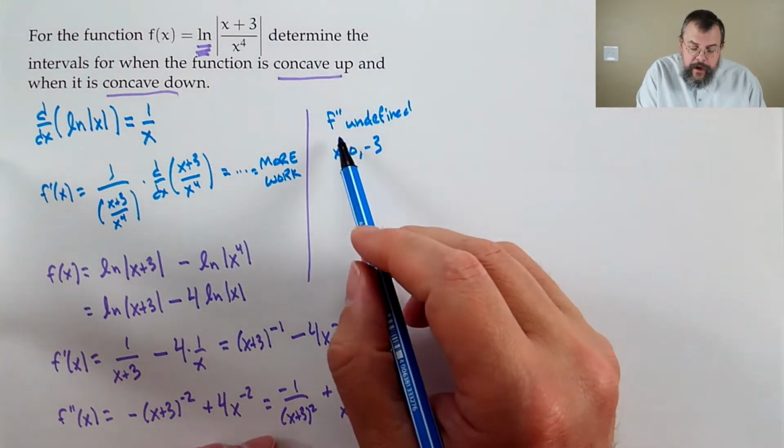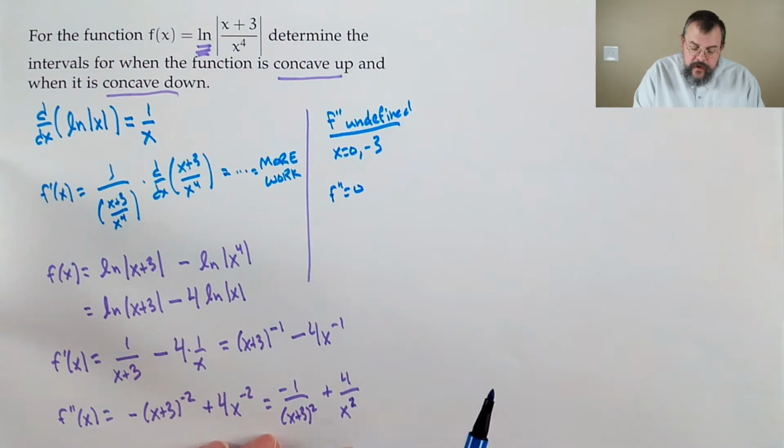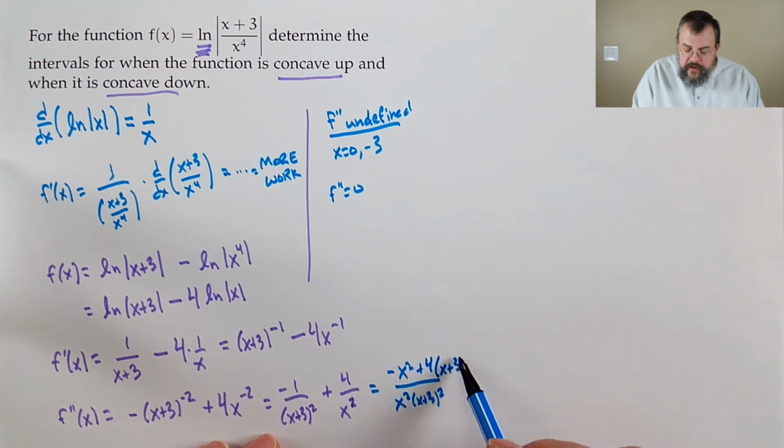Now, how about f double prime equals 0? For that, let's put this over a common denominator. We need to multiply the first term by x squared, so we have x squared over x squared times x plus 3 squared, and the second term by x plus 3 squared, so plus 4 times x plus 3 squared.